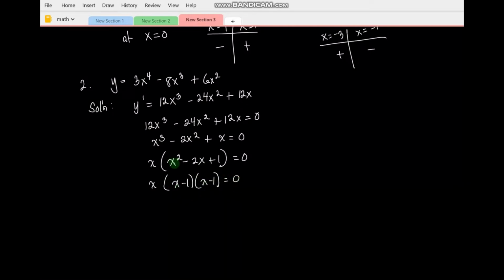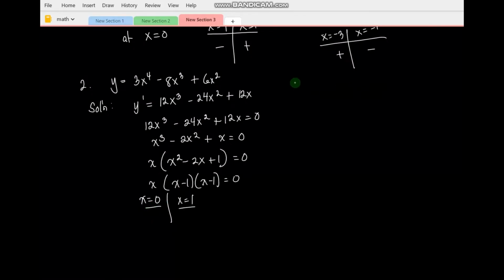Negative 1 times negative 1 is positive 1. So there are critical numbers x equals 0 and x equals 1, where 1 is a double root. So x equals 0 and x equals 1 are the critical numbers.